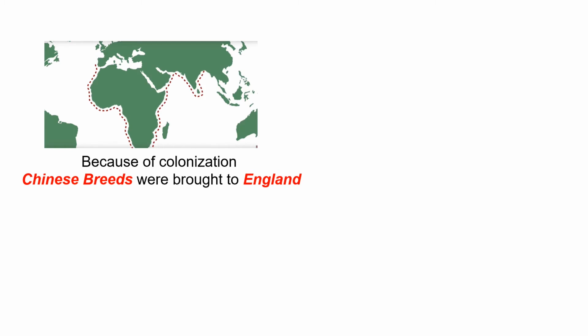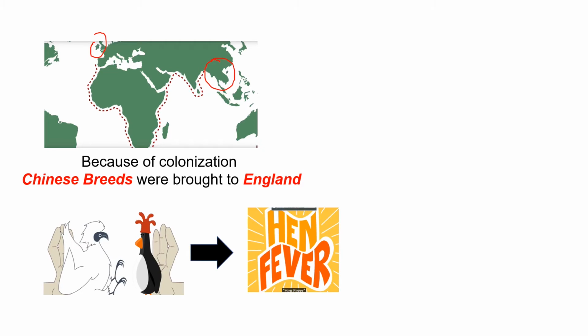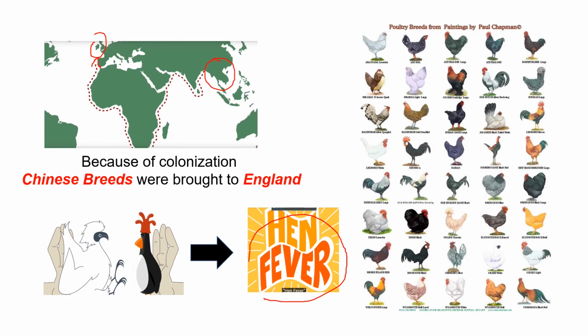And maybe you remember that because of the process of colonization, these breeds that were in the southeast of Asia were brought to England, and they show here with these lines, and they call this the hen fever because they were able to mix and to breed so many traits and so many different species, and in that way they were able to get the traits that they were looking for.